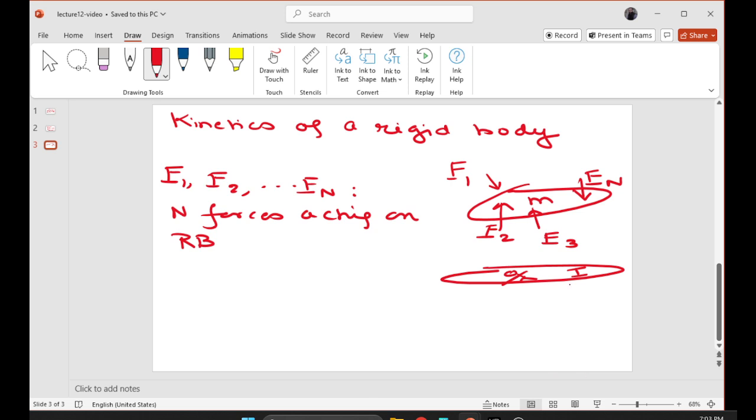There must be an equation that would relate these external forces acting on the rigid body on one side and the kinematics of the rigid body on the other side.